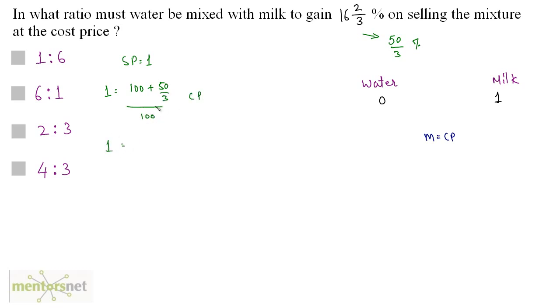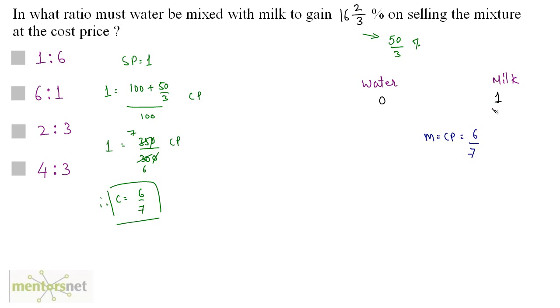So we have 1 equals 350 by 3 upon 100. So that can be written as 350 upon 300 times the cost price. Okay, 5 6s are 30 and 5 7s are 35. So therefore the cost price is actually 6 by 7. We've got the cost price. So this is equal to 6 by 7.